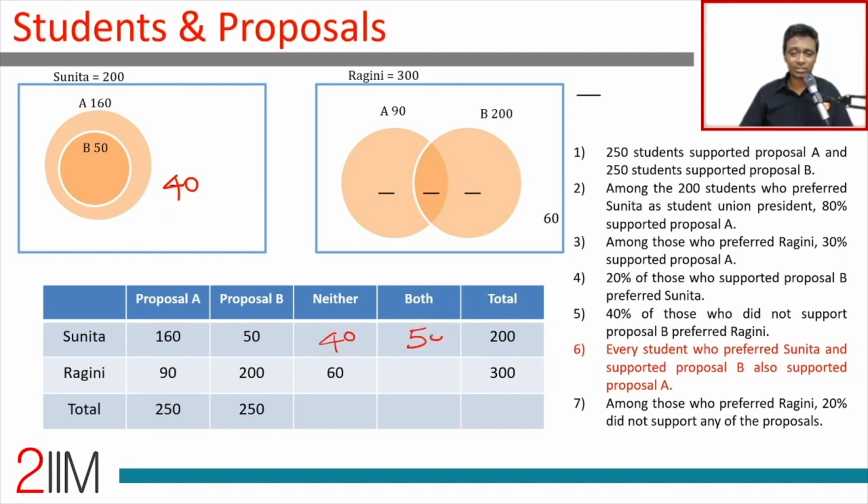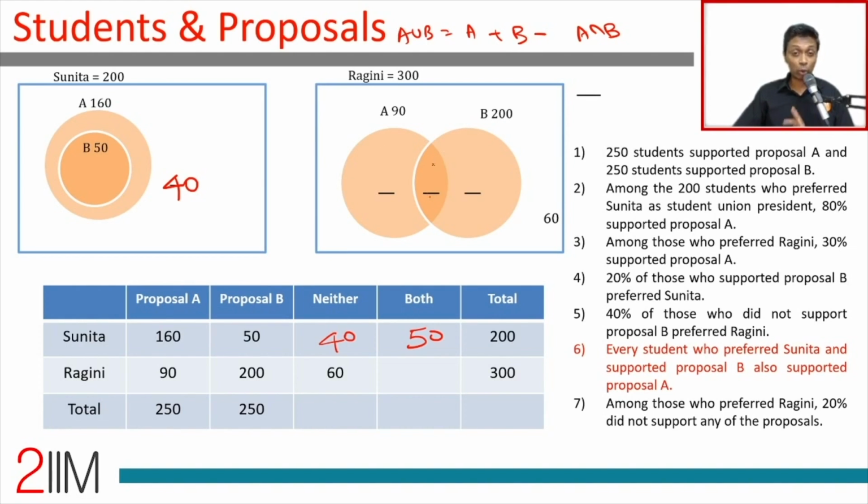Both is 50 because B is sitting completely inside A. Here 90 plus 200 is 290, minus this should be 240. A union B is A plus B minus A intersection B. The cardinal number of A union B is A plus B minus A intersection B. 90 plus 200 is 290, minus whatever goes here, should be 240.